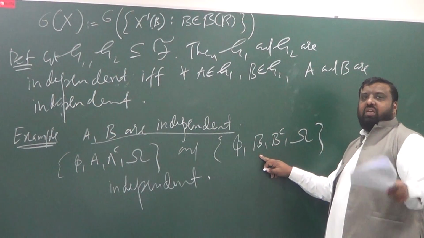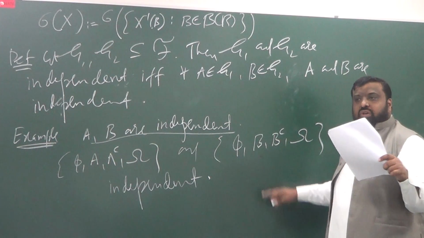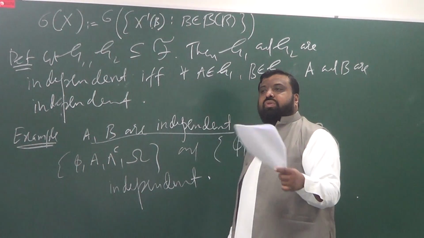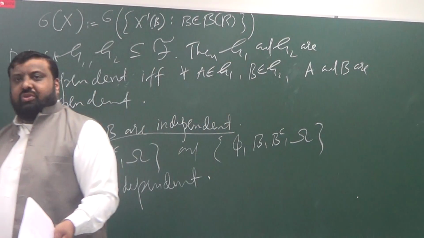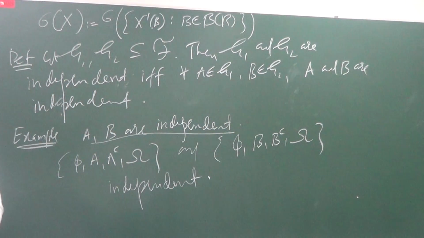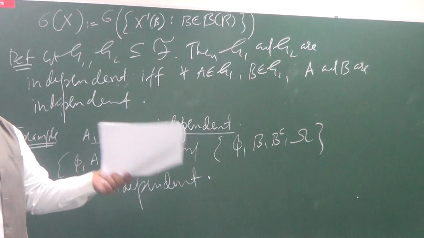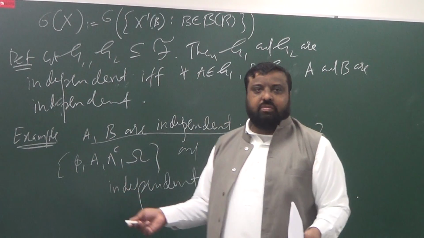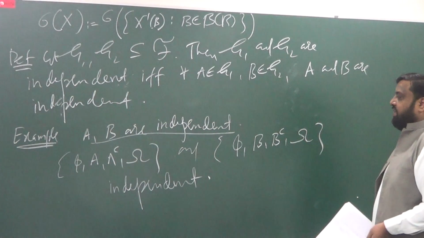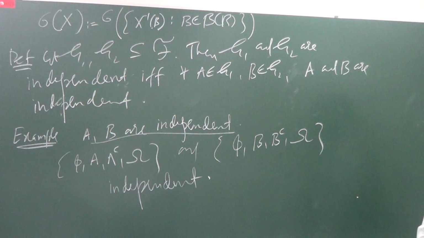In other words, if the happening of two events is independent of each other, then their not happening is also independent of each other. One happens and another doesn't, or one doesn't and another happens, they are also independent. I gave you this proposition last time to prove, so you must prove that as well.